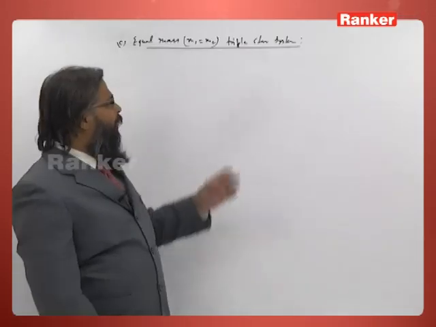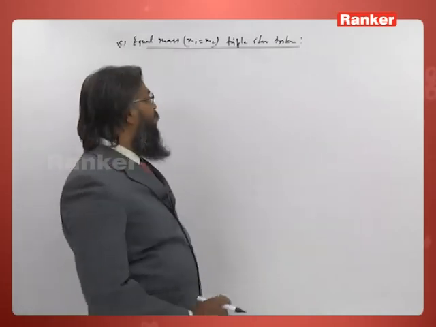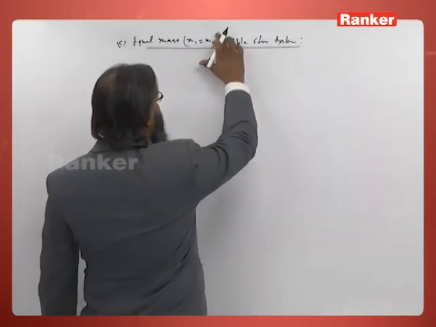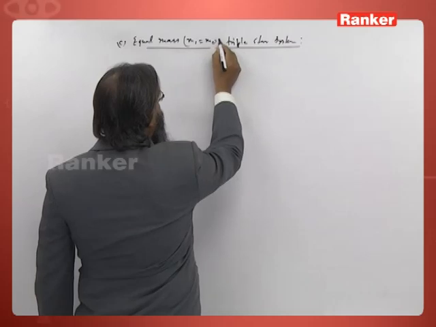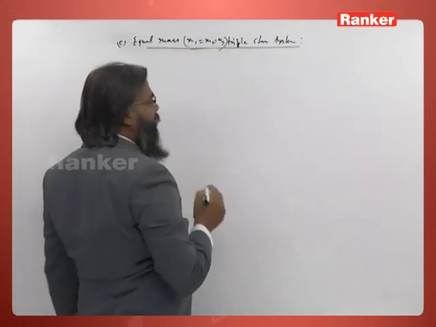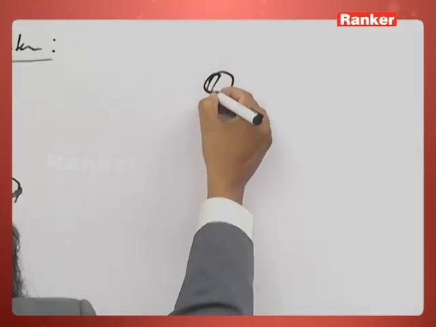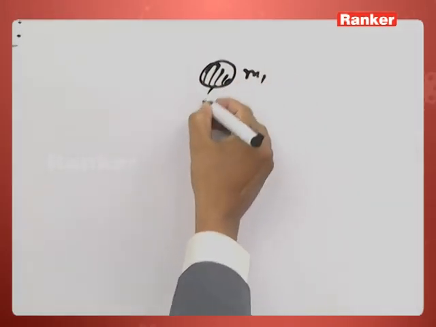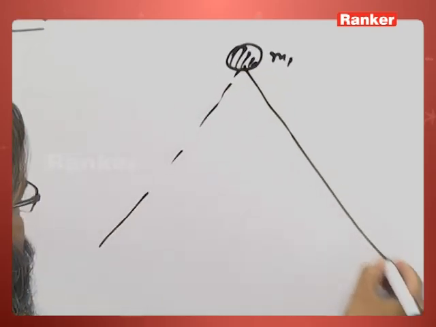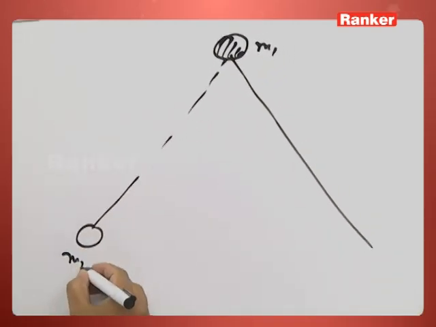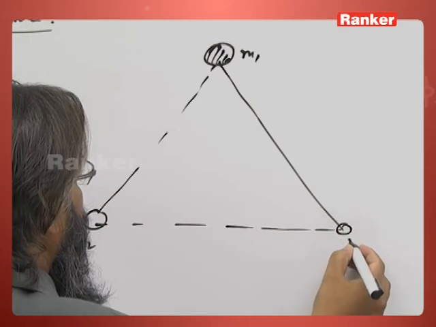So, now come to a triple star system in which all the masses m1, m2 and m3 are equal. So, 3 masses we have. Let us consider this point mass m1, this is m2 and this is m3.